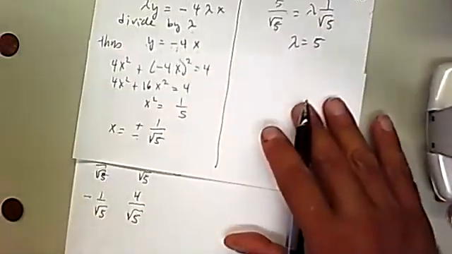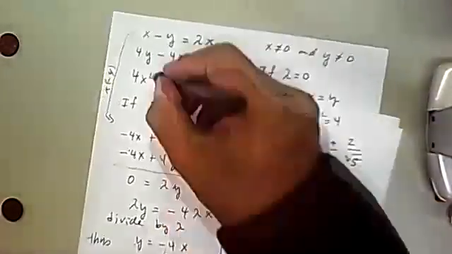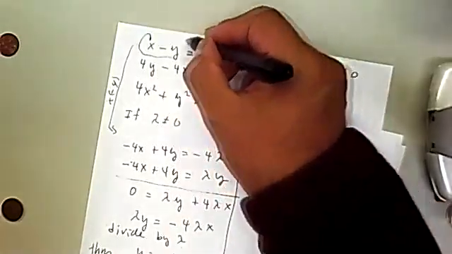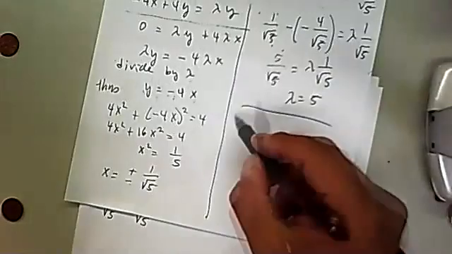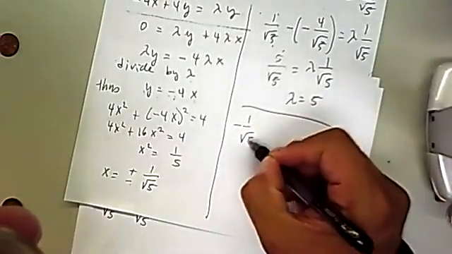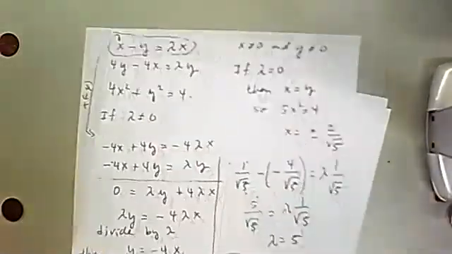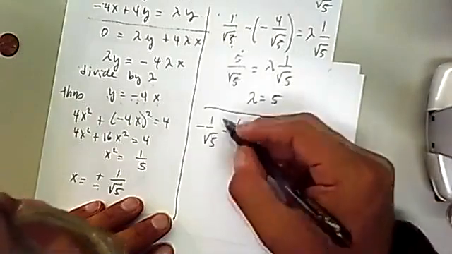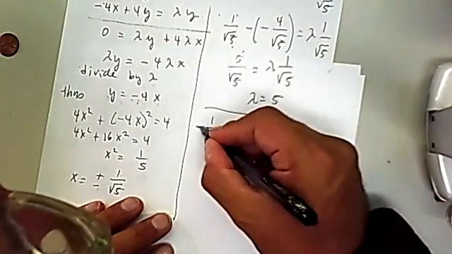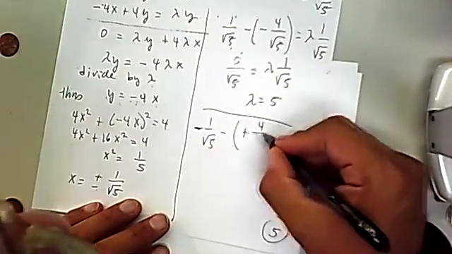Let's make sure, so if I'm using this equation to figure out the lambda, if x is negative 1 over the square root of 5, took away the y, which is, remember, opposite of this negative. The opposite would be positive, 4 times as much.